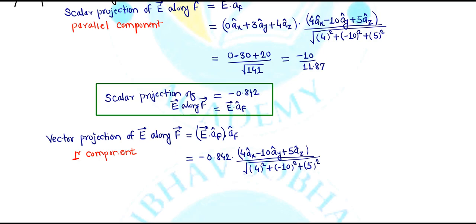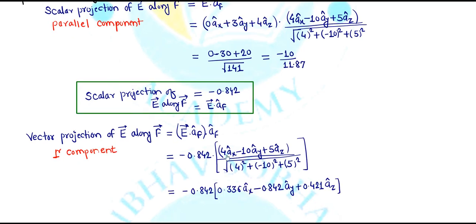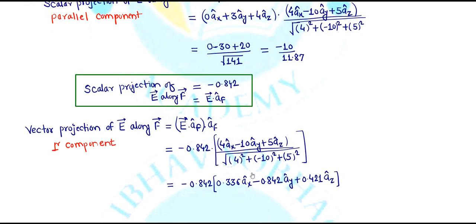Okay, now we will simplify that one. So meantime I am going to write it down. You can have your own calculations so that I can directly write down the values for that one. Okay, so we will put this term into the square bracket and we are going to simplify that one. So this minus 0.842, it will be as it is, and further simplification.